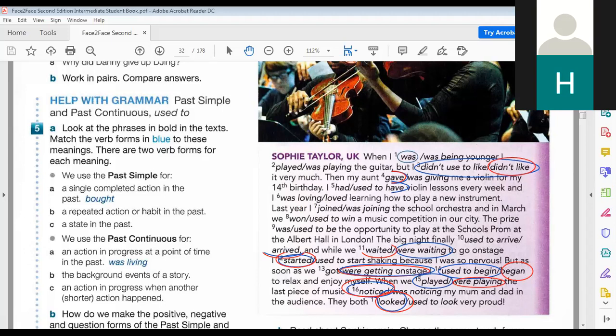Okay. And about 14, yes, I think like Hajar, "used to begin." You used to begin. Yes, used to. Okay. And about 16, yes, the same.